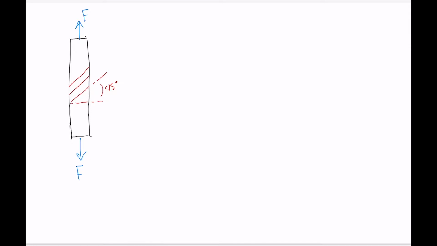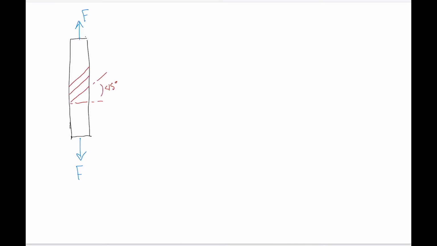So the observation that these visible lines oriented at 45 degrees are associated with taking a ductile metal above its elastic limit or above its yield point, you can start to understand why one would think that this was associated with shear stress.